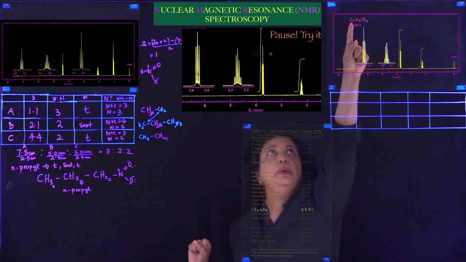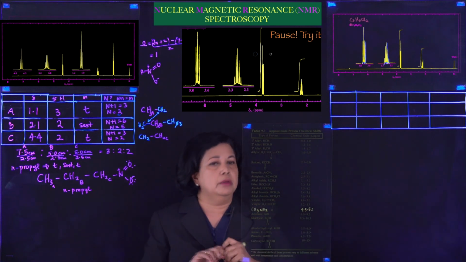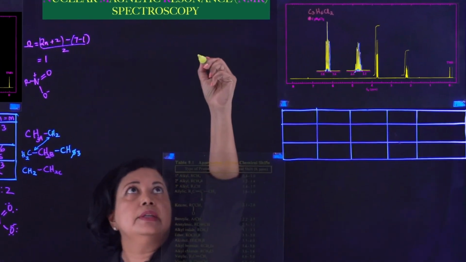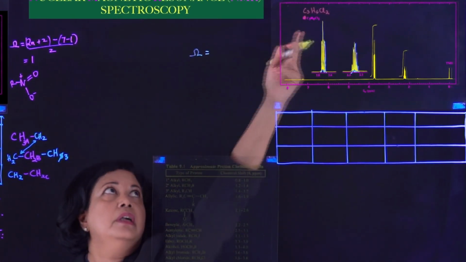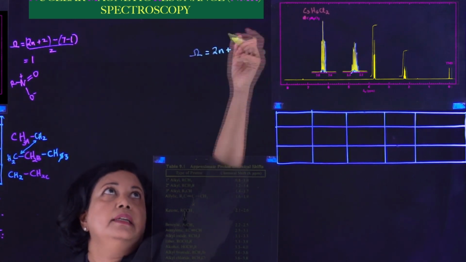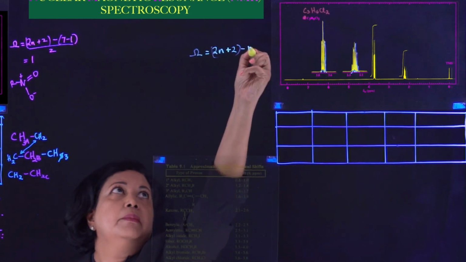This one also has 3 carbons, but it has different hydrogens and chlorines. Let's look at the unsaturation of this one first. So here you have an omega. That's 2n plus 2. N is 3, the number of carbons, and M is the number of hydrogens.